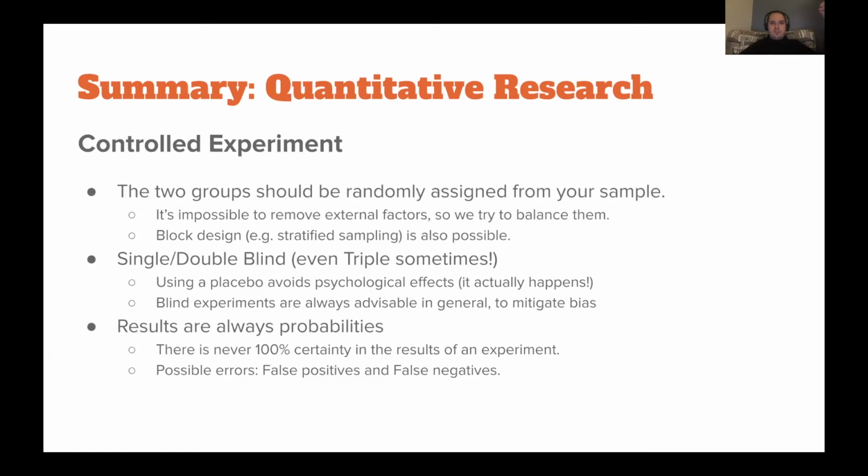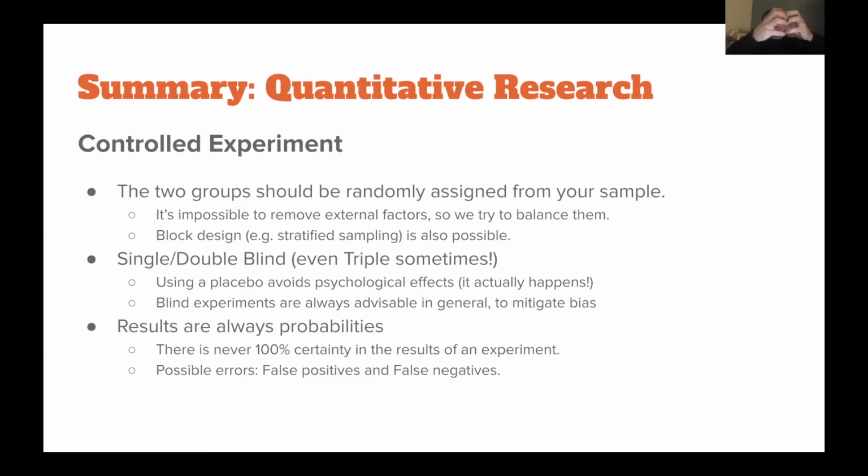So we know that the external factors exist, and that they will be there no matter what. But since I cannot remove them, I will make sure that they affect both groups at the same time.